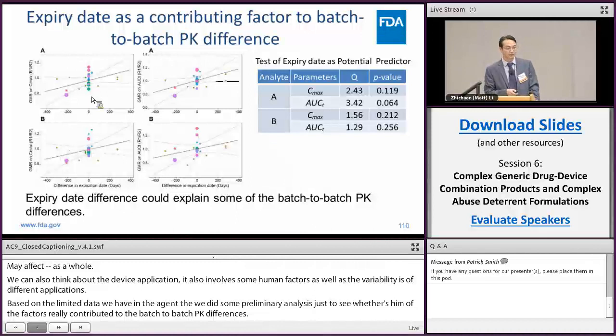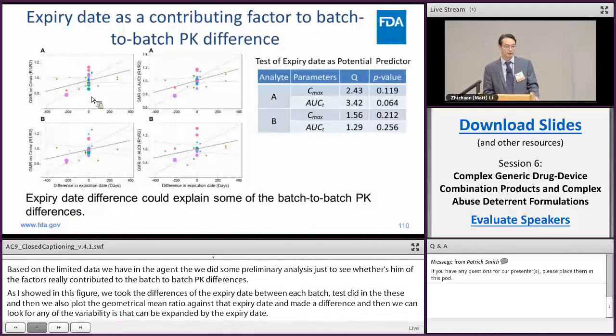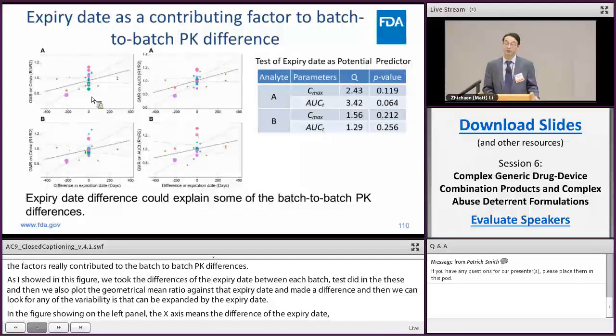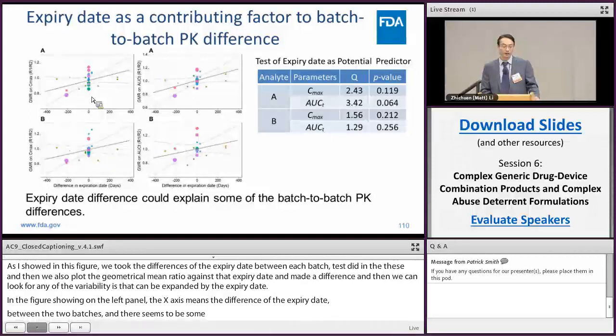In the figure on the left panel, the x-axis means the difference of the expiry date between 2 batches. And there seems to be some variability of the GMR that can be explained by the difference in the expiry date. However, we need more data and more information to draw any conclusion in that regard.